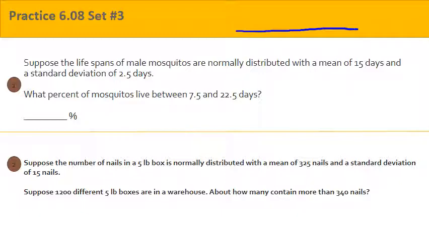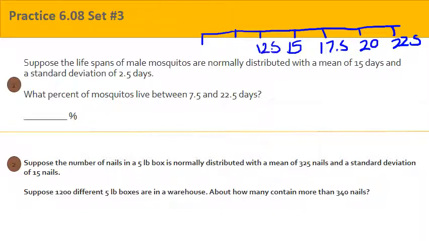All right, so what I like to do is just draw a little line in the middle, put your mean. 1, 2, 3 standard deviations going up, 3 standard deviations going down. So, going up, you're going to add 2.5, so that gives me 17.5, 20, 22.5. And then going down, we have 12.5, 10, and 7.5.